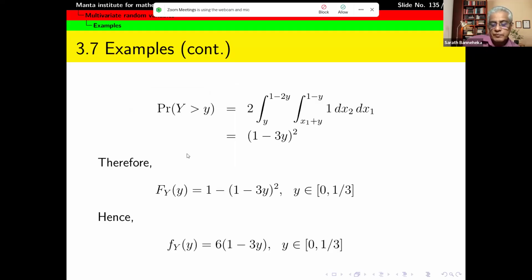So therefore, f of y is equal to 1 minus this value, and therefore this answer here is the density function.